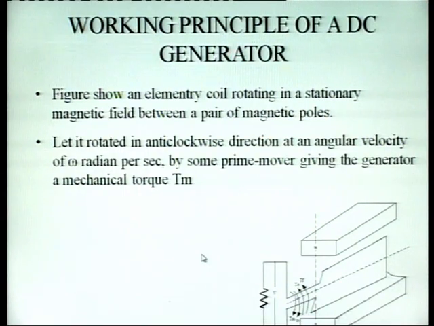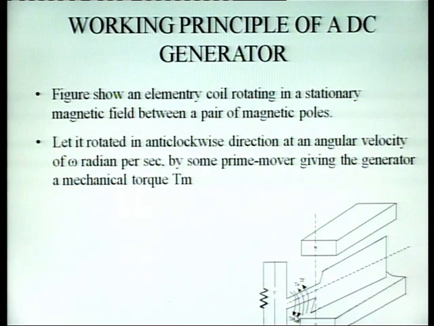Next is the principle of DC generator. Basically, the machine consists of two main parts, that is stator and rotor. Here the magnet north and south are the stationary part, and this conductor or coil is the rotating part of the DC generator. First we apply mechanical energy, as it is a generator.